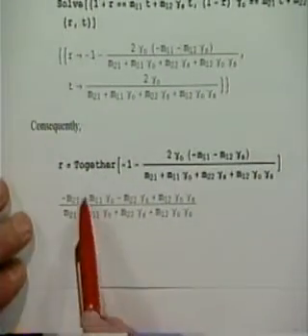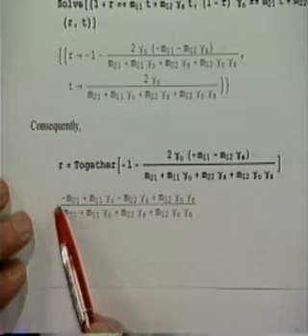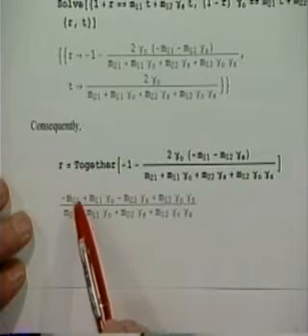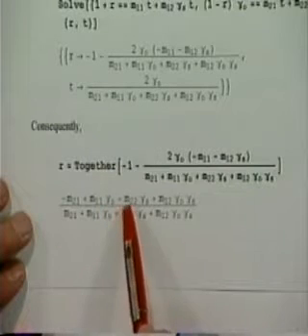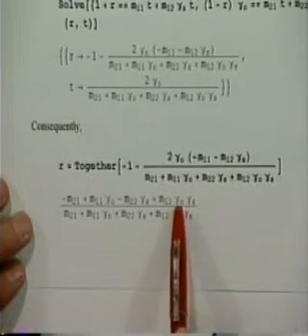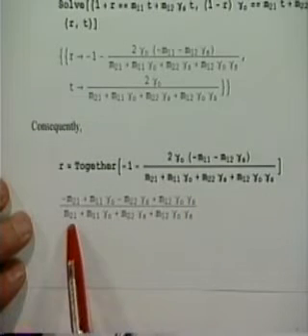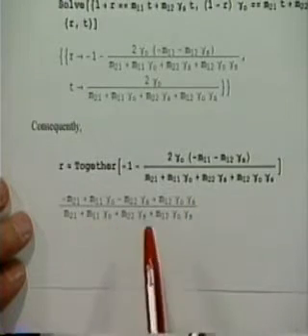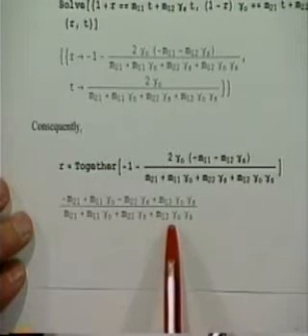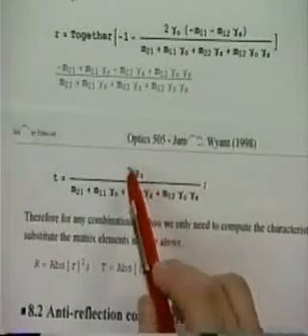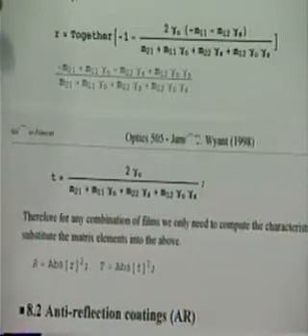Hate to read this, but R is equal to this thing right here, and I will read it once: M21 plus M11 gamma naught minus M22 gamma S minus M12 gamma naught gamma S. Down in the basement, M21 plus M11 gamma naught plus M22 gamma S plus M12 gamma naught gamma S. And we have a similar expression here for T. Two gamma naught, and then the same expression in the basement that we had for R.